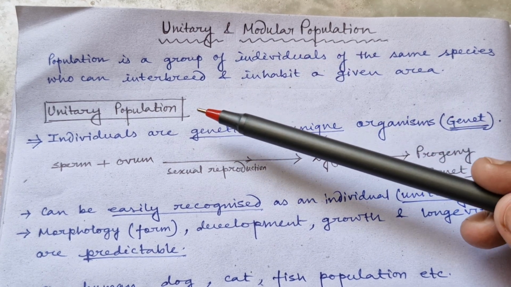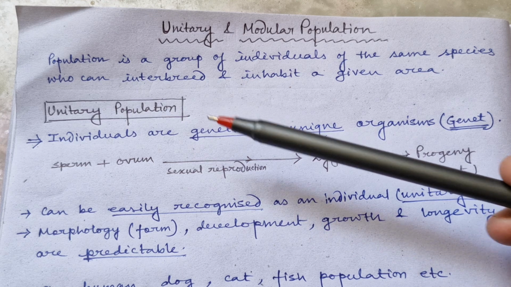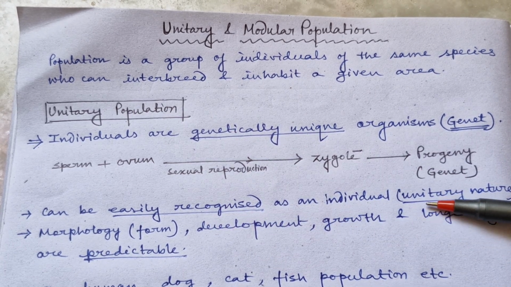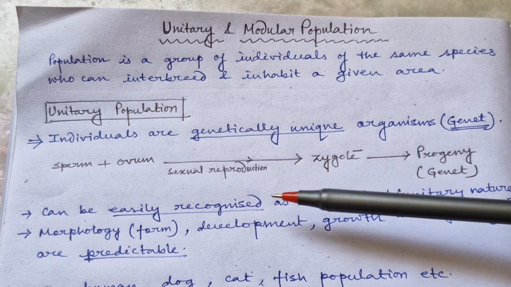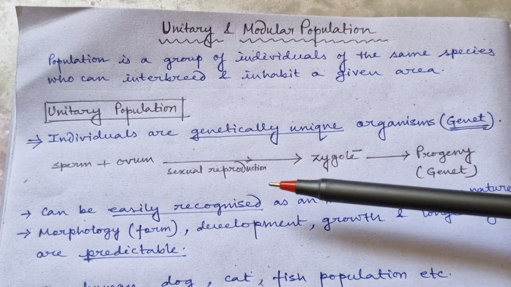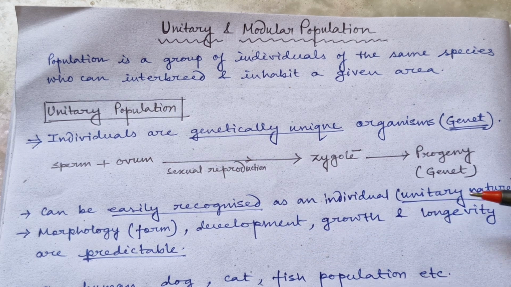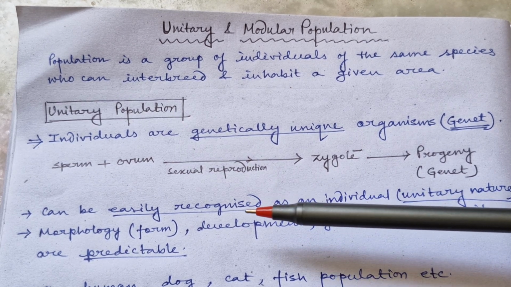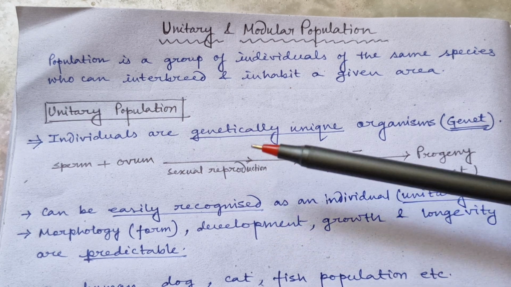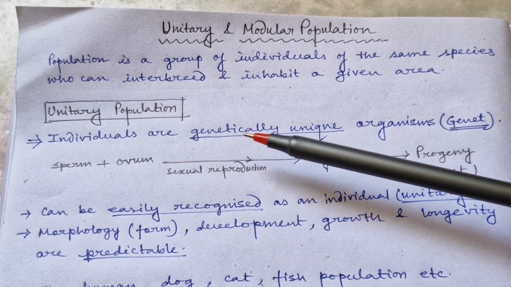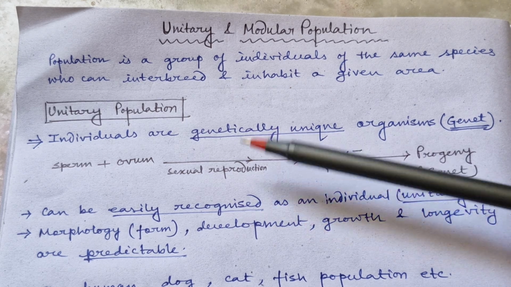In the case of unitary population, it is very easy to recognize an individual, and that is why it is known as unitary in nature. You can very easily recognize the unit of the population, or an individual of the population. And another thing is that all the individuals of a unitary population are genetically unique from one another.